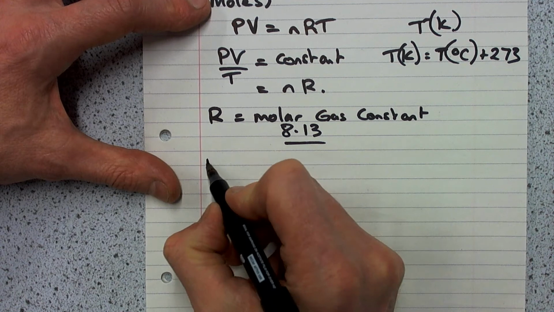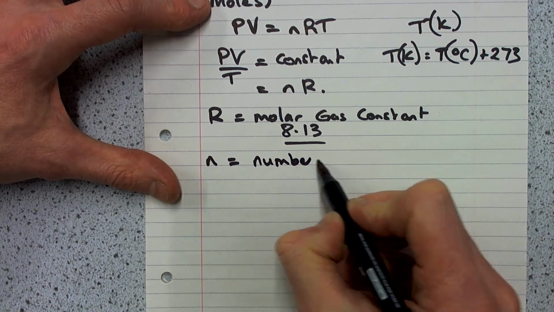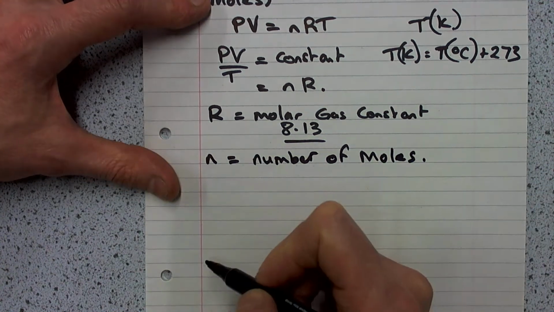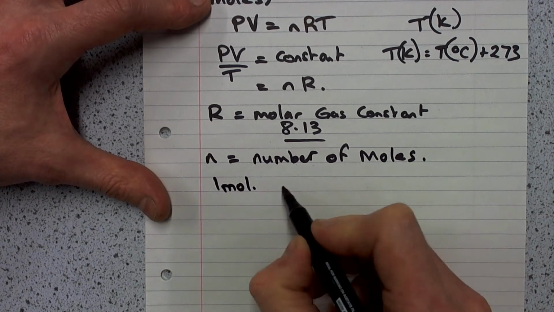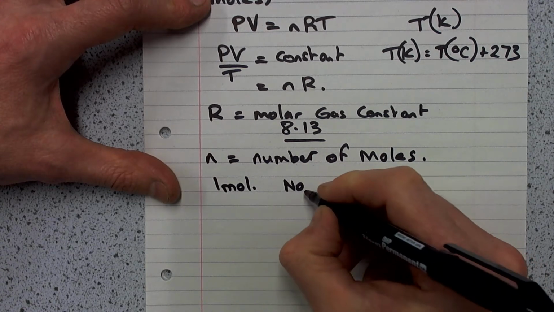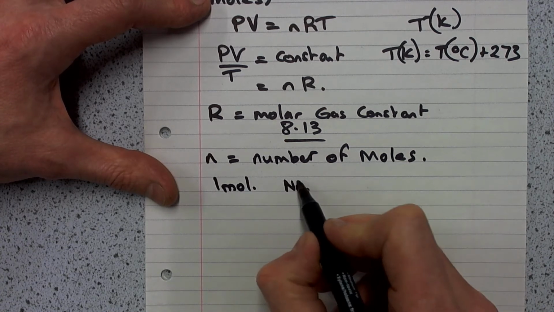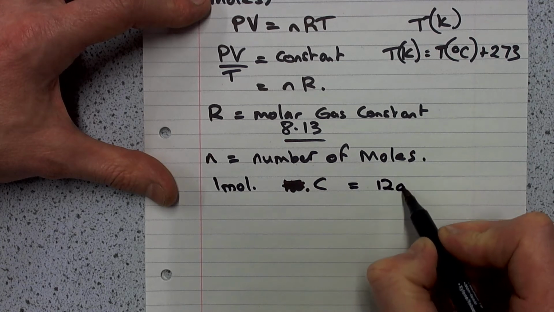N is something new for some people, and this is the number of moles. Okay, so what's a mole? So 1 mole is defined as the number... well, 1 mole of carbon, let's put it like that, is equal to 12 grams of carbon.